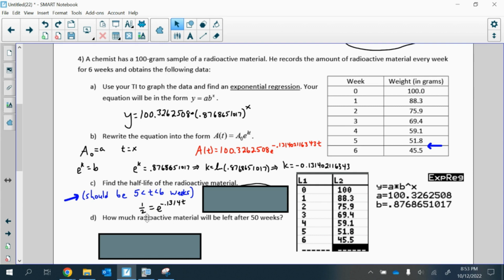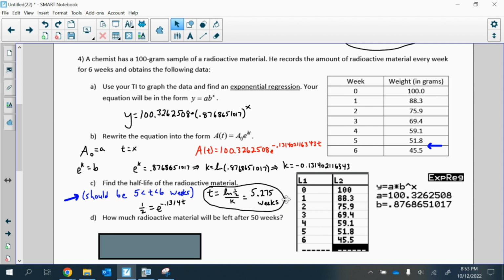So this equals 1/2 because a should be exactly half as big as a naught. And then I have e to this power t. Then I do a little solving. Either take a natural log of both sides, so natural log of 1/2, and then divide by negative 0.13140211, which is k. Then I get 5.275 weeks.